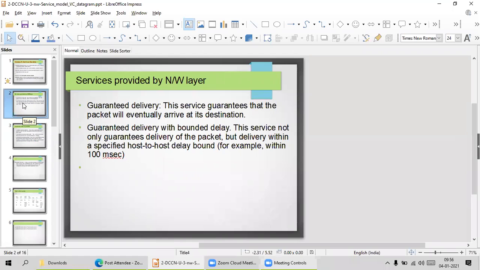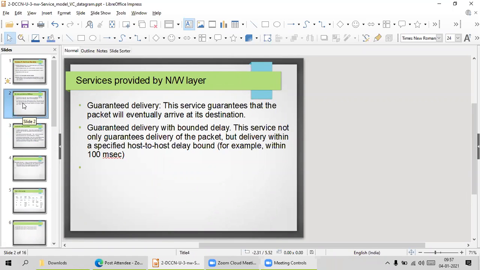Guaranteed delivery means packets will eventually arrive at their destination. Compulsorily, it is going to reach the destination. Guaranteed delivery with bounded delay means this service not only guarantees delivery, but delivery within a specified host-to-host delay bound.